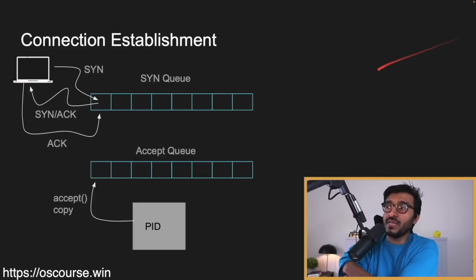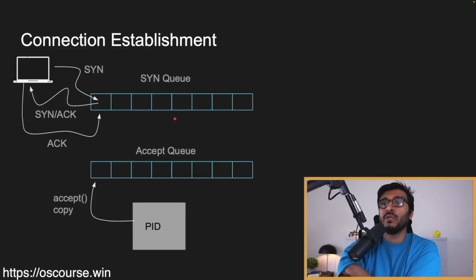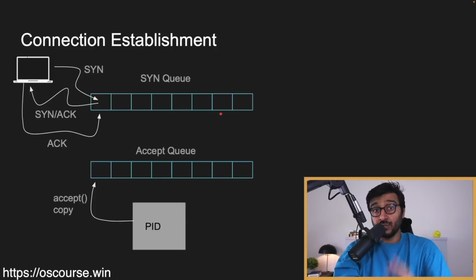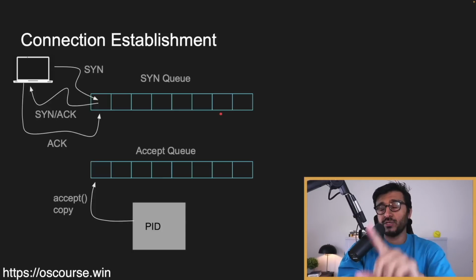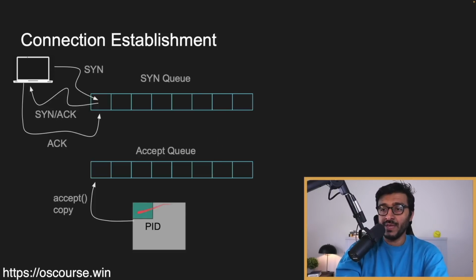And it will create an entry that says, all right, now we have an actual connection. And it will create the receive queue and the send queue for that particular connection. Now we have a file descriptor right here.